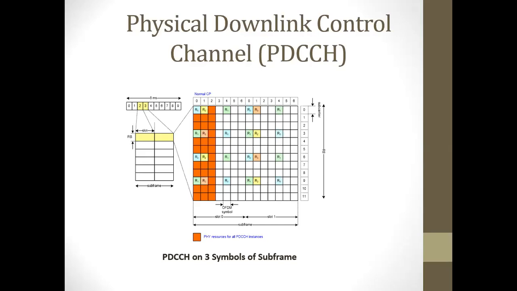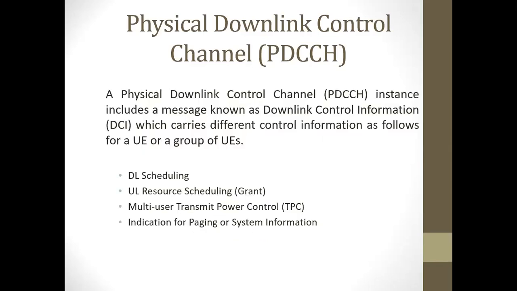Now for the uplink, which resource blocks are allocated to you, I mean you can use for transmission, is also indicated by the eNodeB. So that is also indicated in the control region. There are also PDCCH instances to tell you which uplink resource blocks you can use.